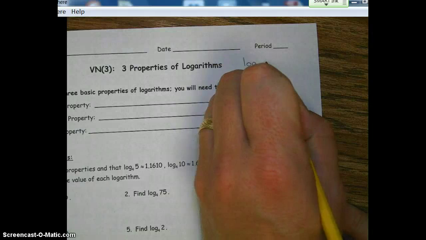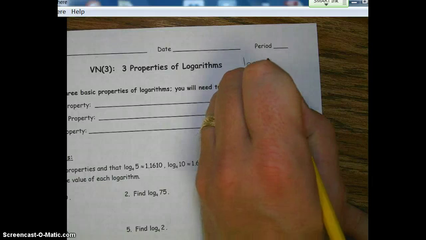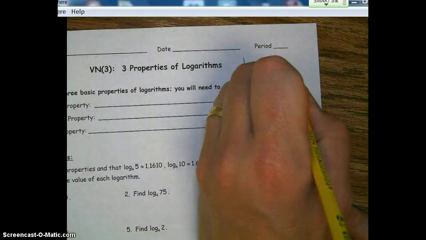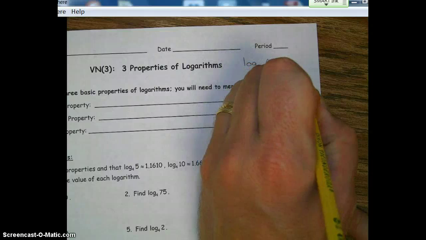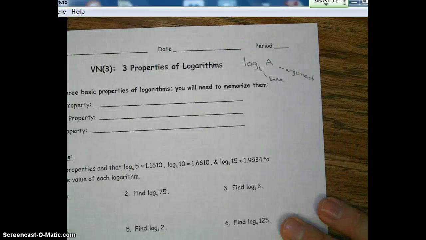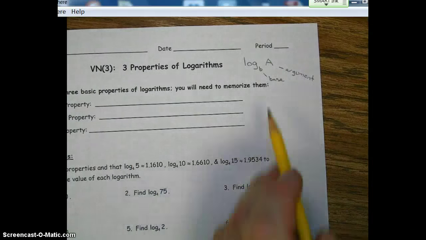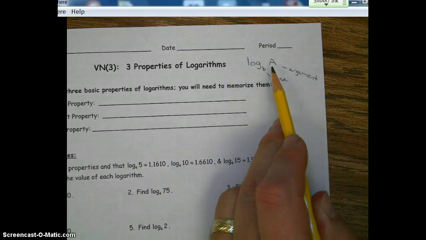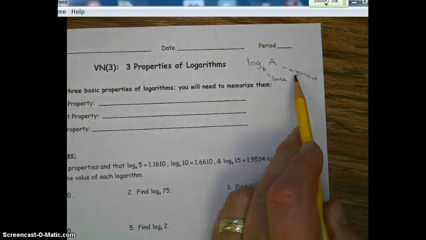So let's put an A here for argument. Okay, so log stands for logarithm, B is the base, and A is the argument.